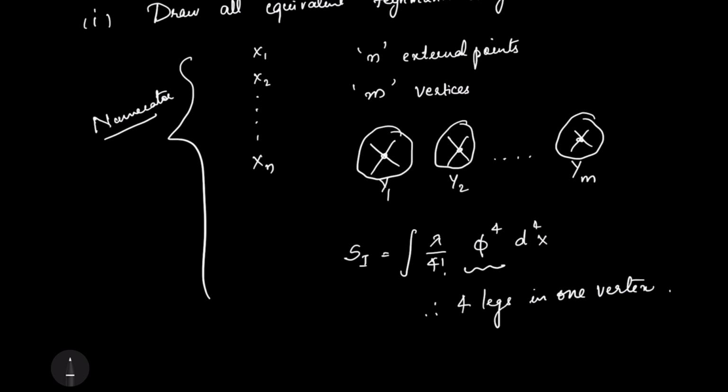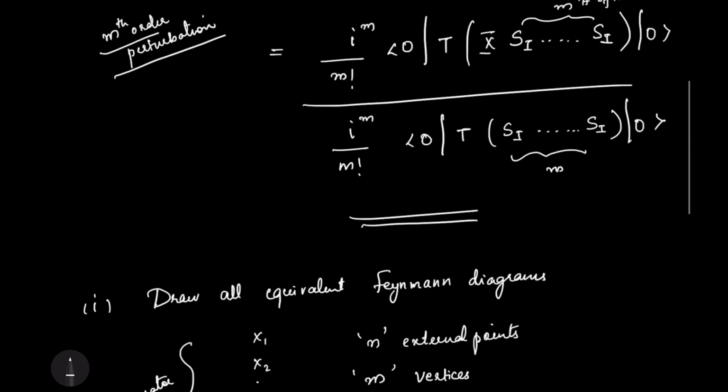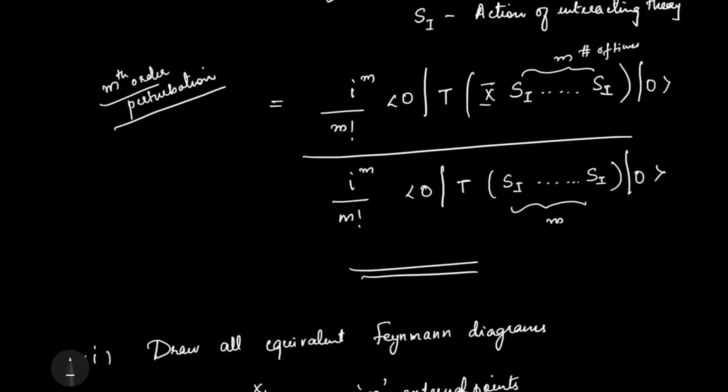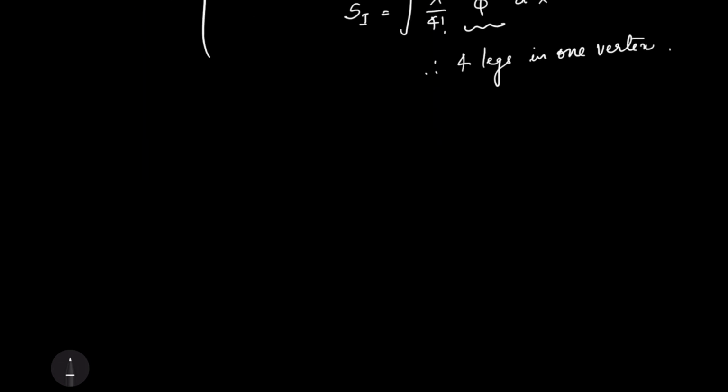In the denominator, there is no phi present, and therefore it will be a vacuum diagram. The diagram corresponding to the denominator has no external legs, as there are no phi's, and therefore they are called vacuum diagrams.